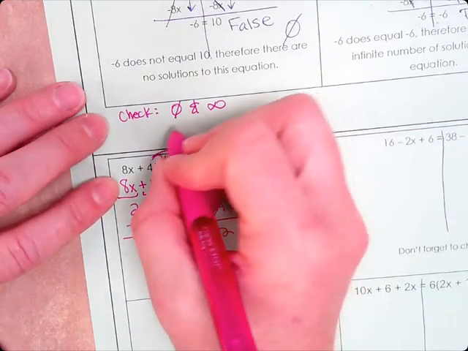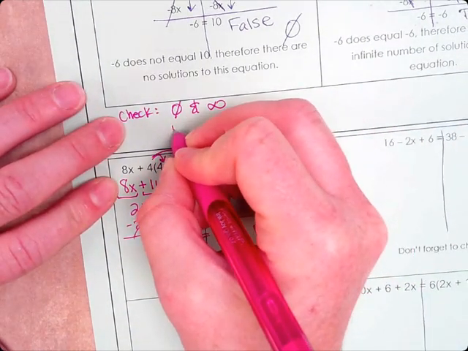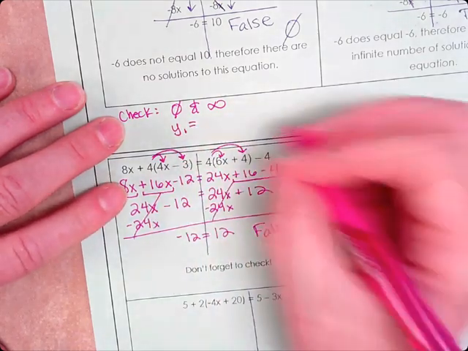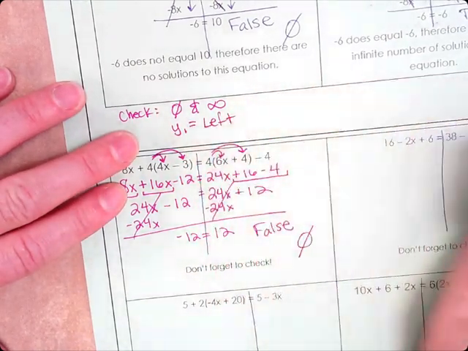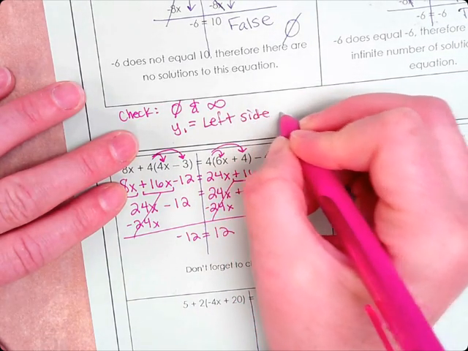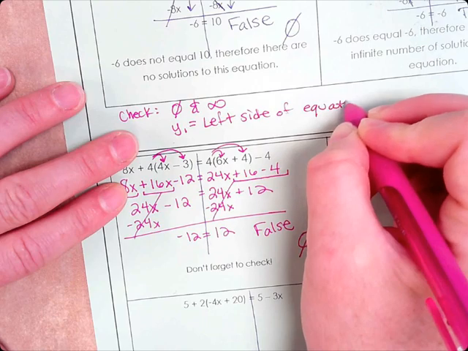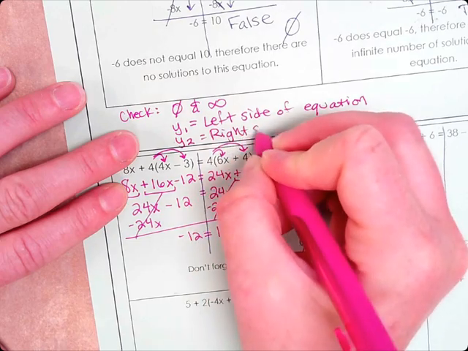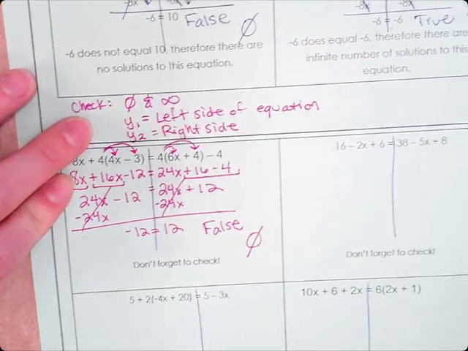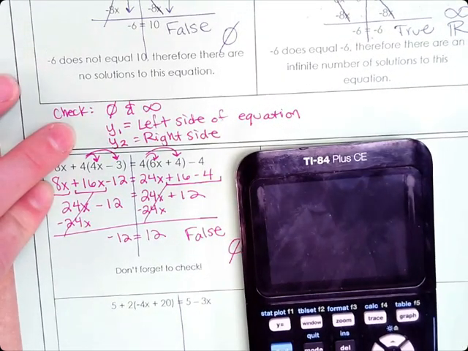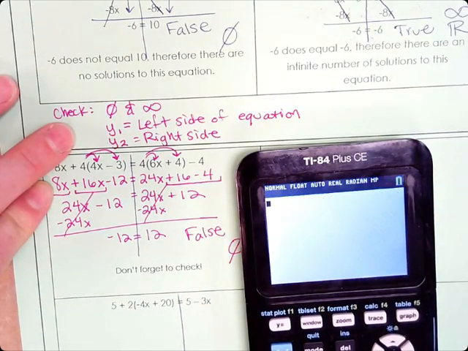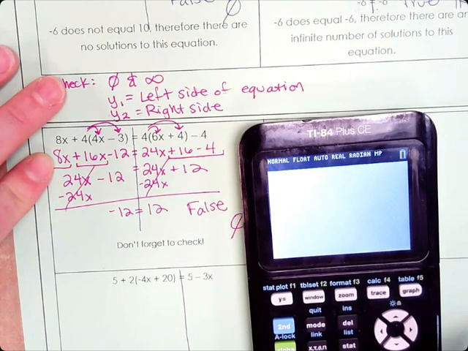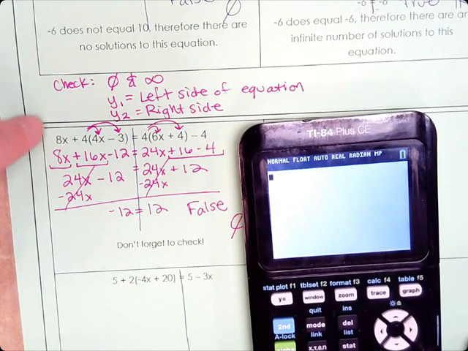The way you do that is you are going to put in y1 the left side of the equation, and in y2 you're going to put the right side of the equation. And we'll look at what they look like. So let's put this one in.